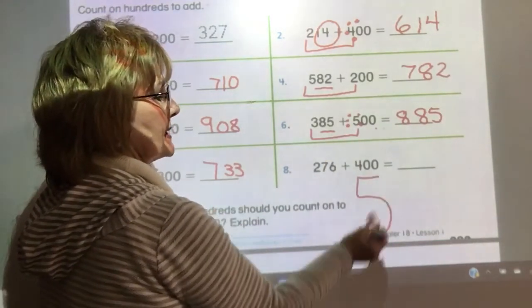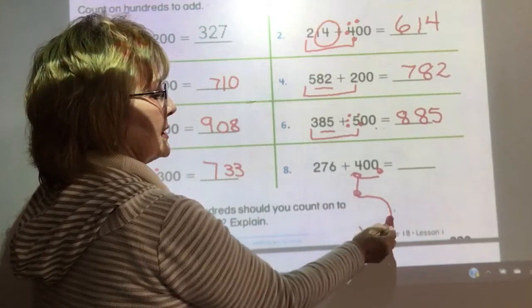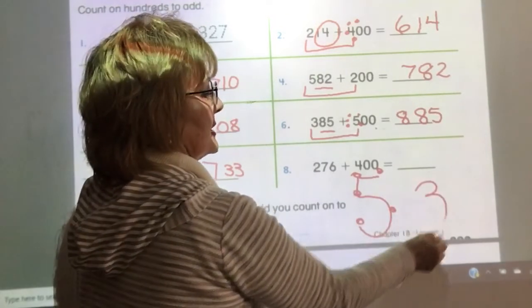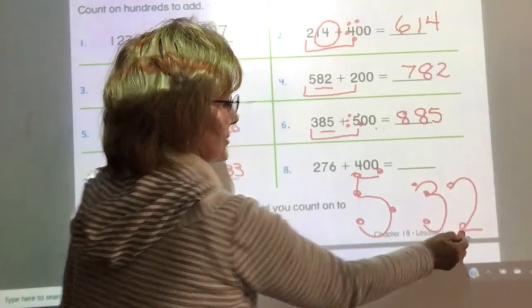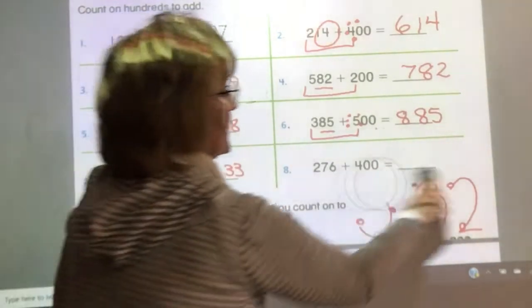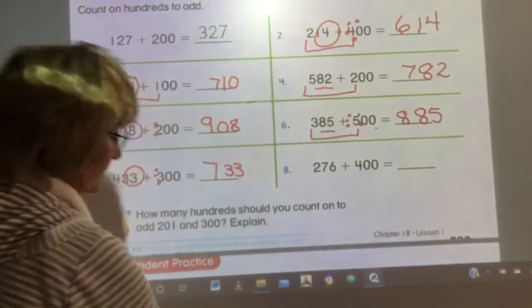Remember how we can count 1, 2, 3, 4, 5, 3s, 1, 2, 3, 2s, 1, 2. Remember that little trick? Okay, I still use it.